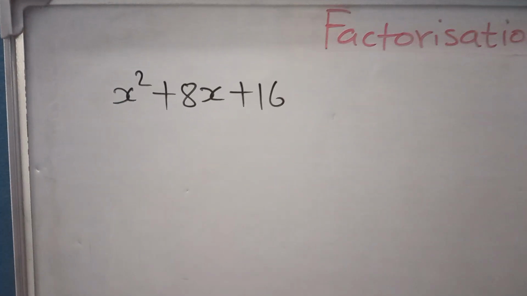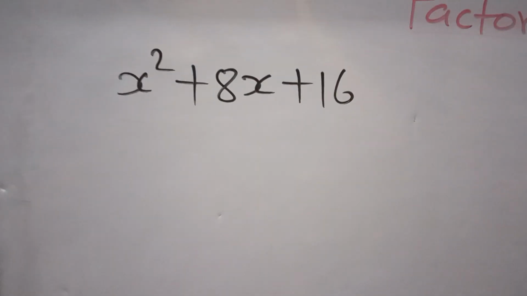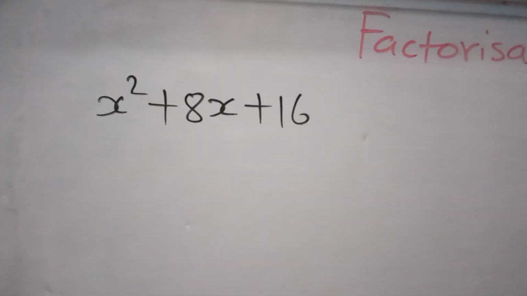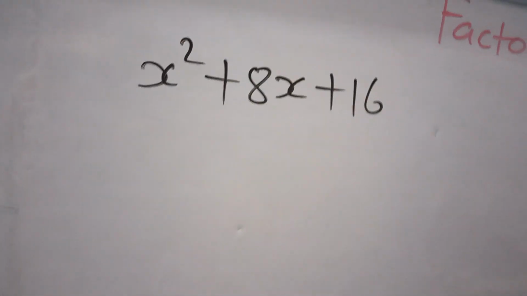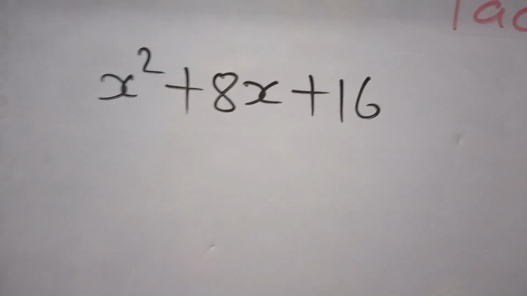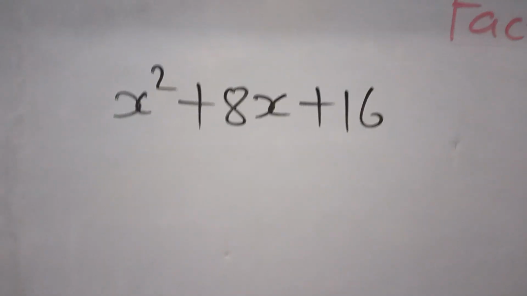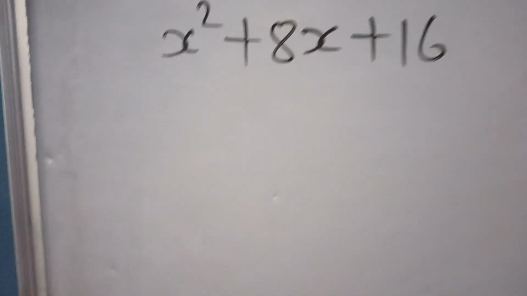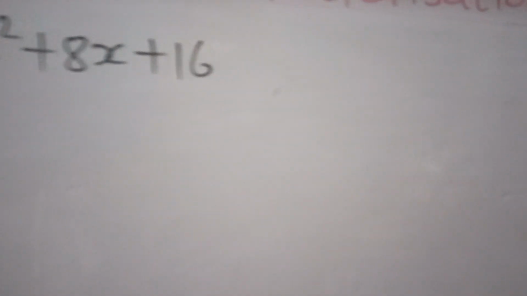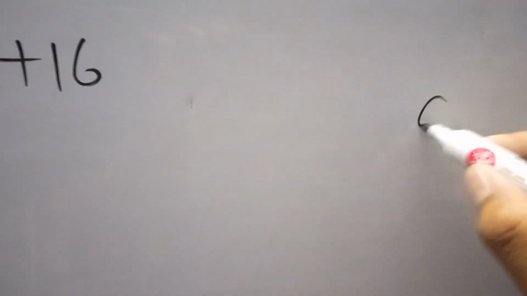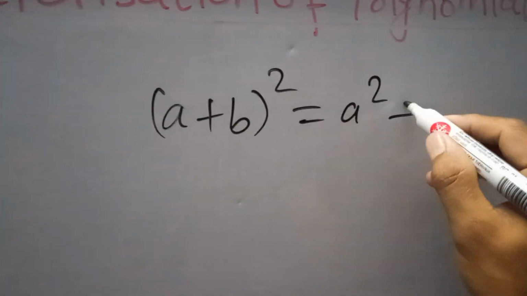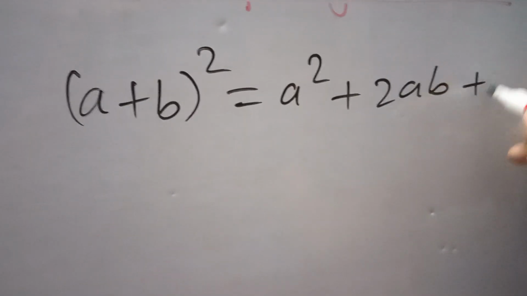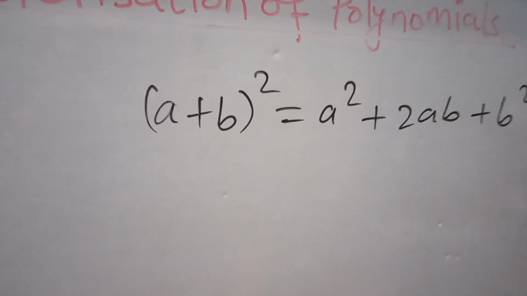Now here comes another kind of question, x square plus 8x plus 16. Now it's different from whatever we have previously done. Here there is one more formula in algebra, that is a plus b whole square equals a square plus 2ab plus b square.